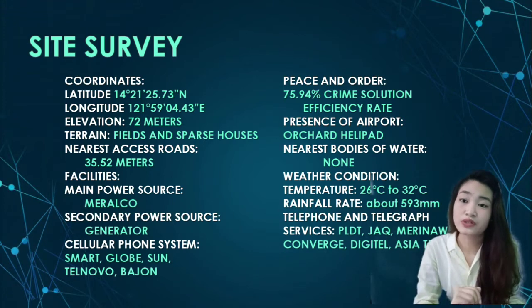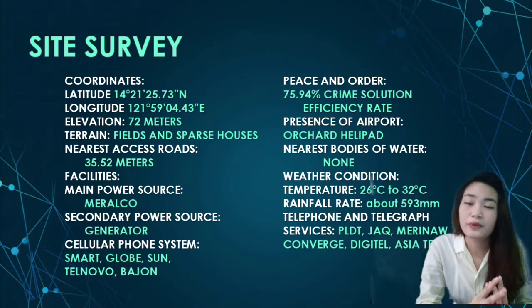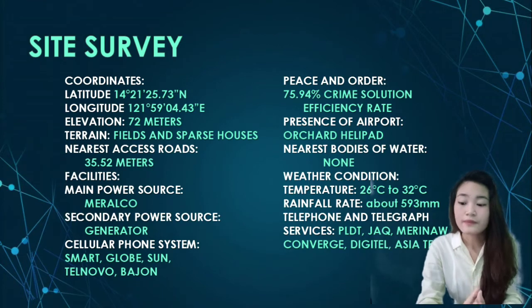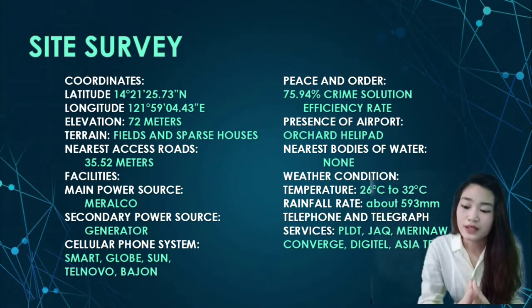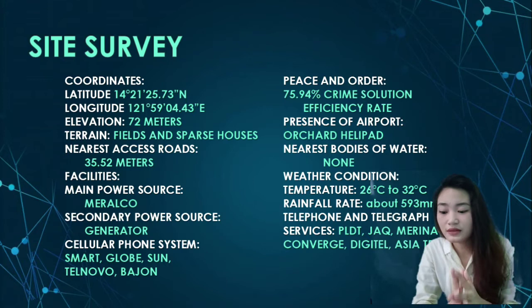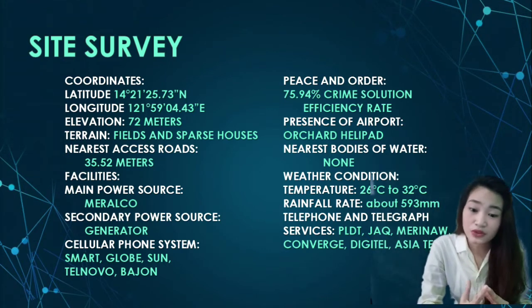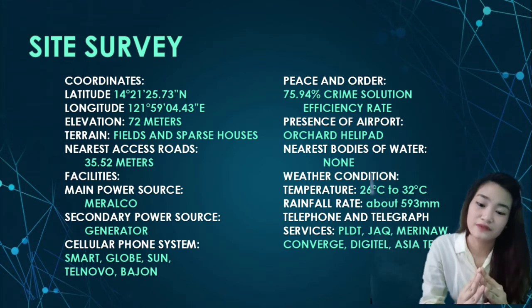Facilities: main power source, Meralco, and secondary power source is a generator. Cellular phone system, Smart, Globe, Sun. Peace and order here in Dasmariñas City, Cavite.